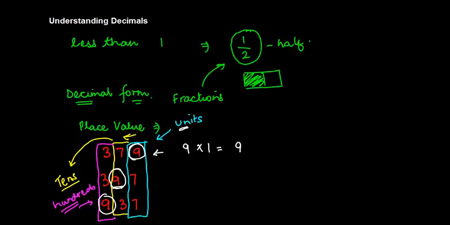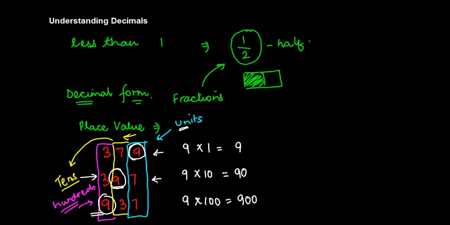The place value of 9 in the second number is at what place? It is at tens place. And we know how we calculate the value of it? It is 9 into 10 or 90. Similarly, if I look at the third one, it is at hundreds place. Here the place value of 9 is 9 into 100 or 900.